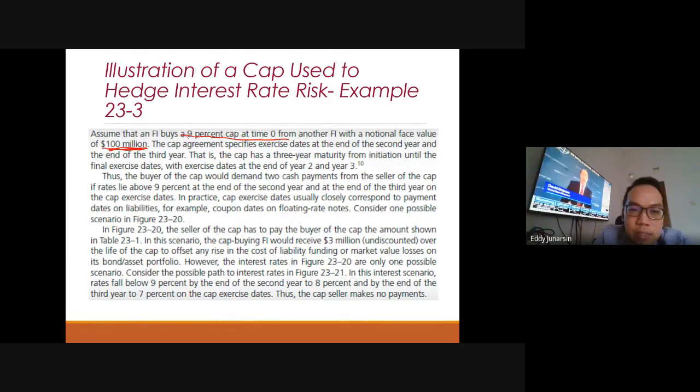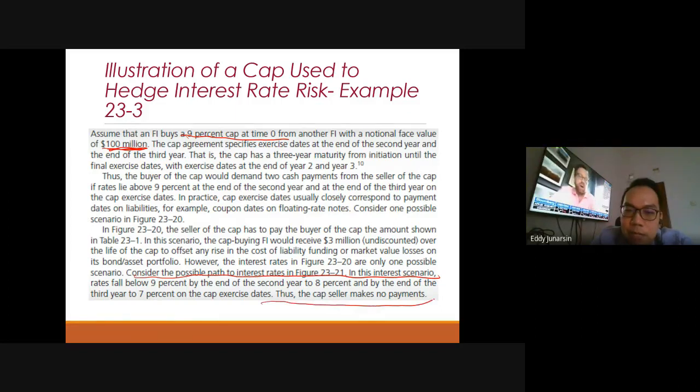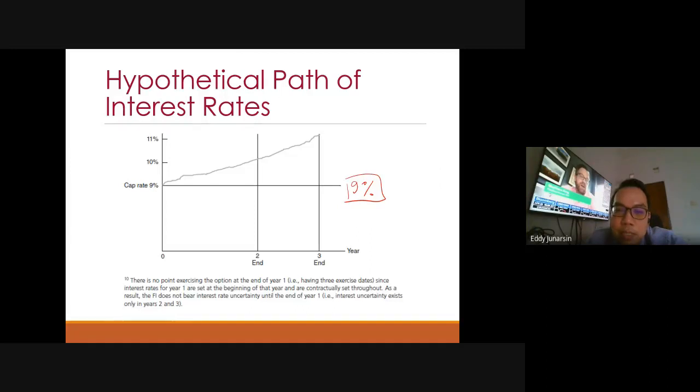See here, this is the second possibility, right? The rates have fallen below 9%, so the cap seller makes no payment. So this is an option, different from the case of inverse floater.